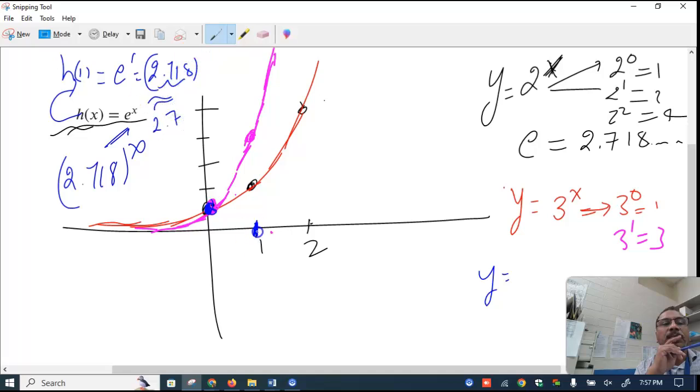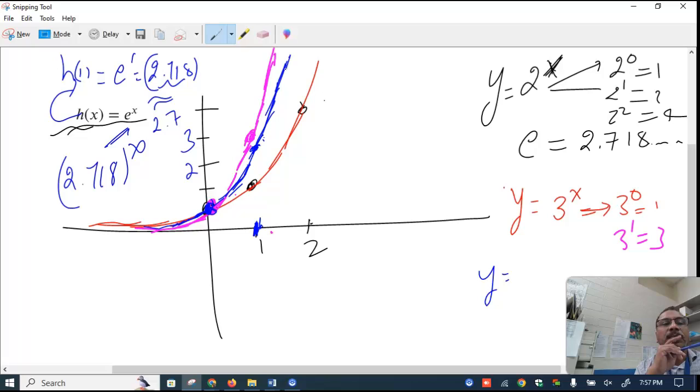If it is 1 here, 2.7 will be somewhere here, not perfect. That means you have a graph like this, which goes in between, like this. This is the exponential function.